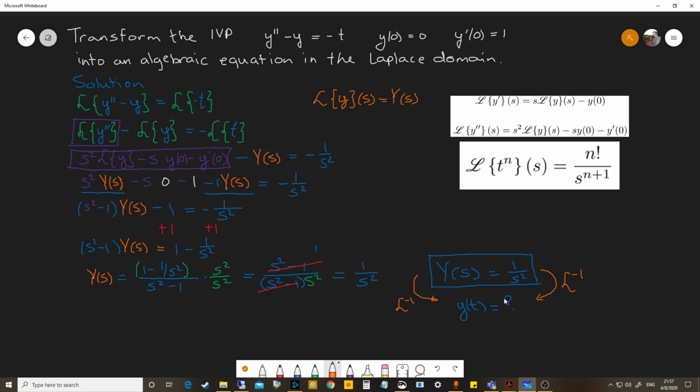And then we get a solution for y of t. And so what we have done is we've transformed the differential equation into some algebra, did some more algebra, and finally found an expression for Y of s. And then we can transform that back into a solution for the differential equation. That's something that we'll see how to do, to find an inverse Laplace transform of an expression.